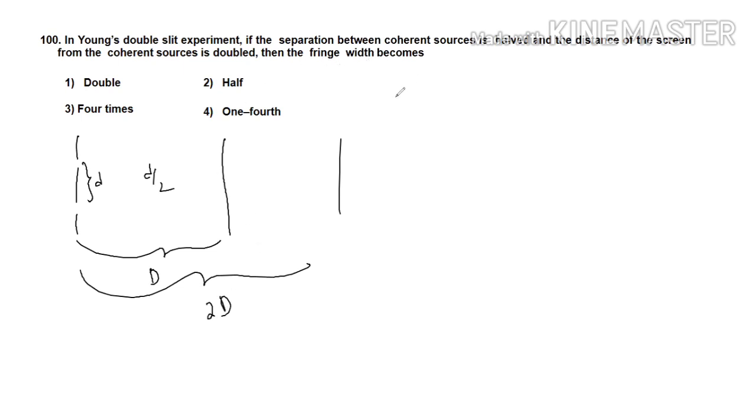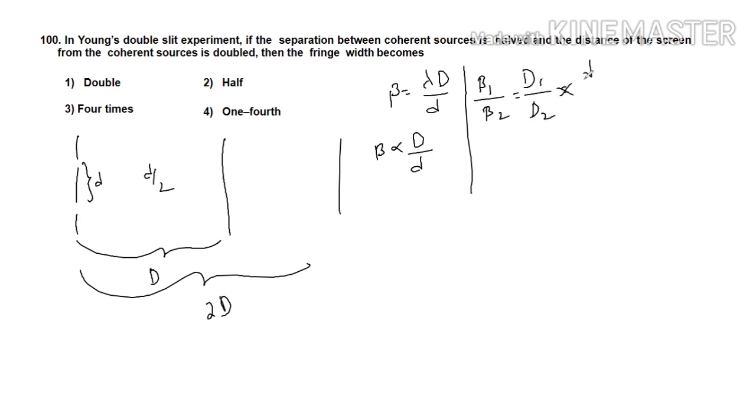So then, they are asking for the fringe width. So that is beta is equal to lambda D by d, and beta is proportional to capital D by small d. So we can write beta 1 by beta 2 is equal to D1 divided by D2 into d2 divided by d1. The ratio, then the fringe width will be beta 2 in terms of beta 1.